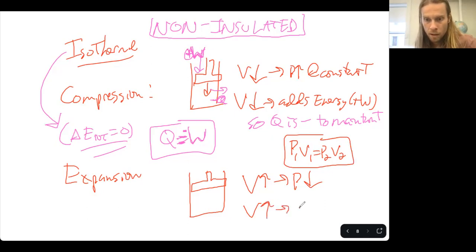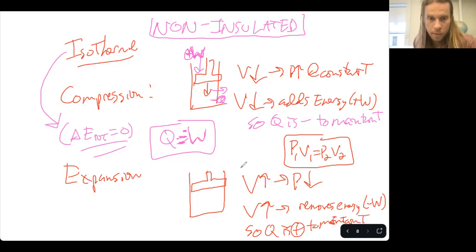Well, this removes energy, which is then replaced by heat conduction from the room. So Q is positive to maintain temperature. I have negative W due to expansion, which makes Q positive to maintain it.